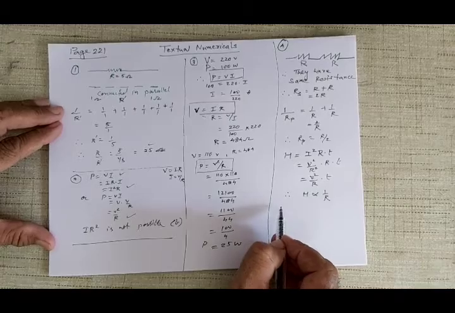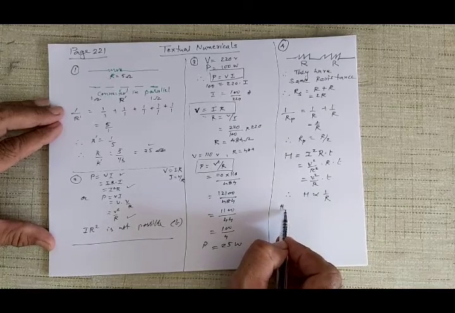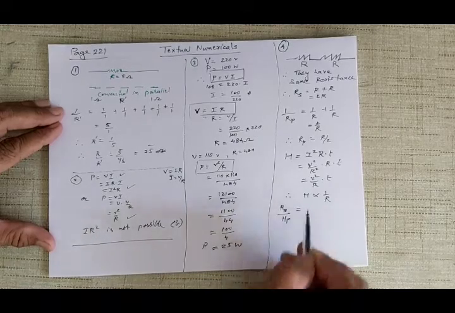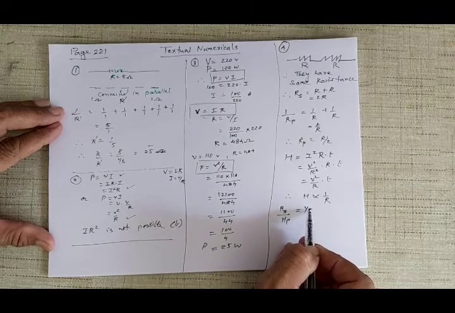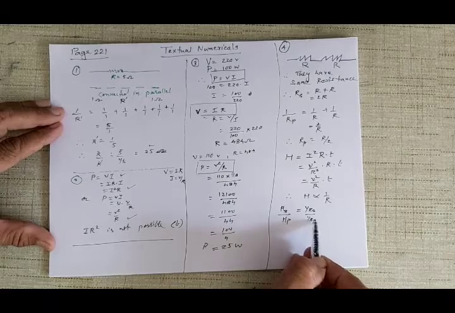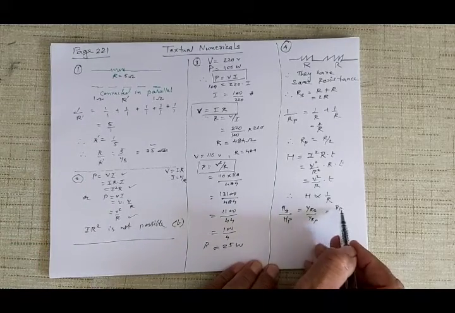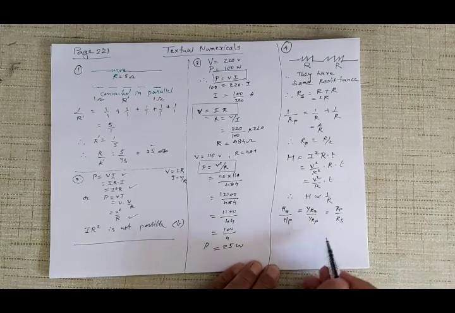Now what you want to find is heat generated in series upon heat generated in parallel, which will be Rp upon Rs, where Rp is the resistance in parallel and Rs the resistance in series.